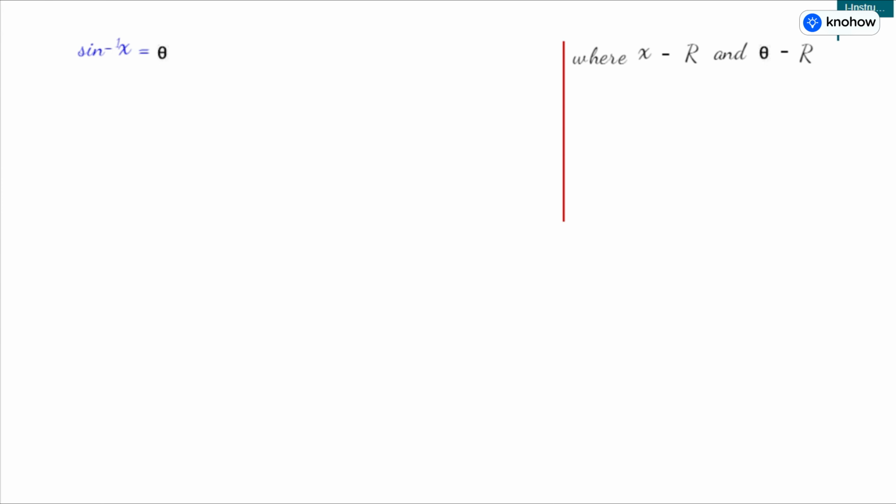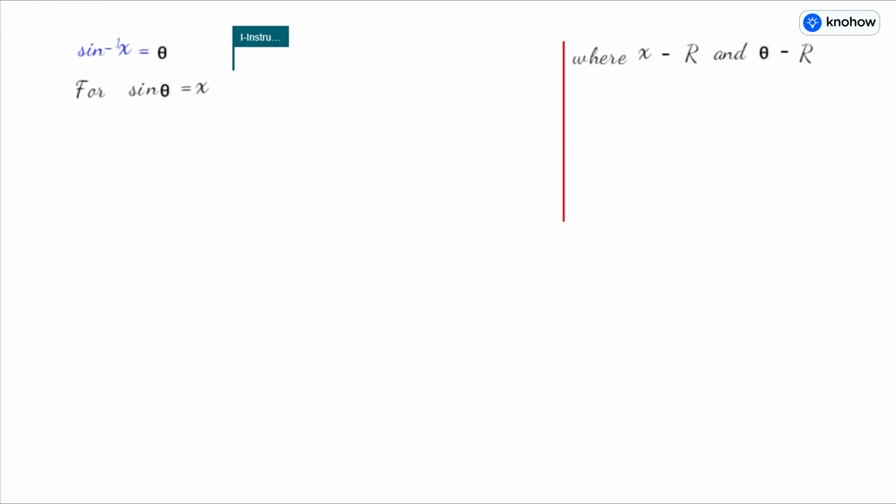So sine inverse x is an angle theta for sine theta equal to x. I repeat, sine inverse x is an angle theta for sine theta equal to x.